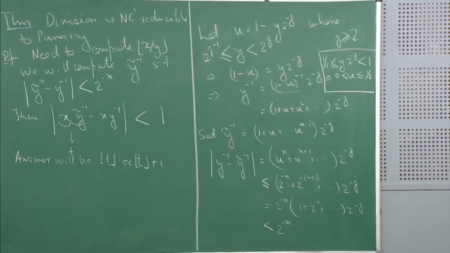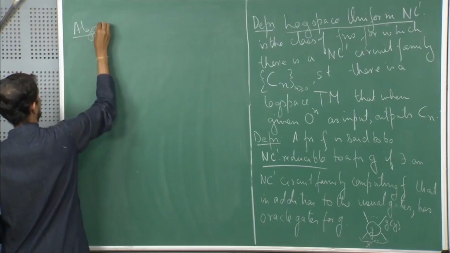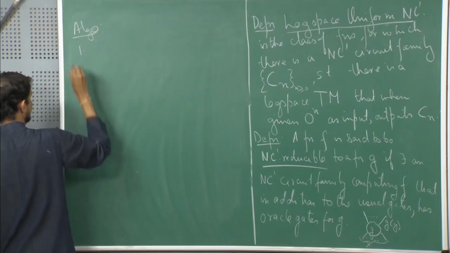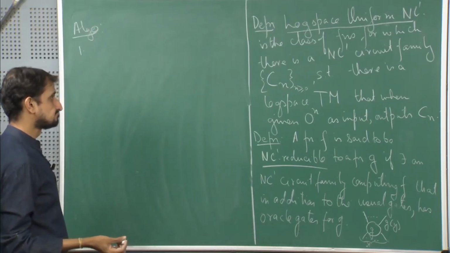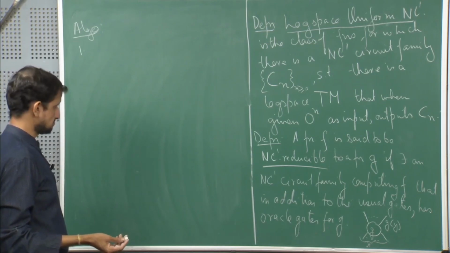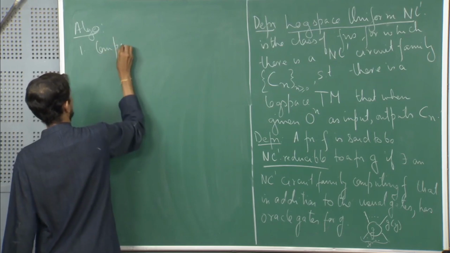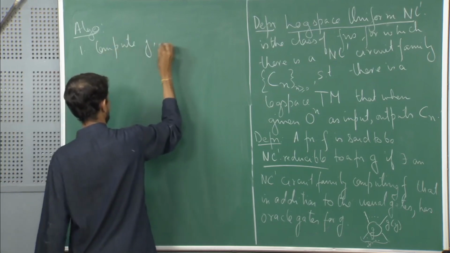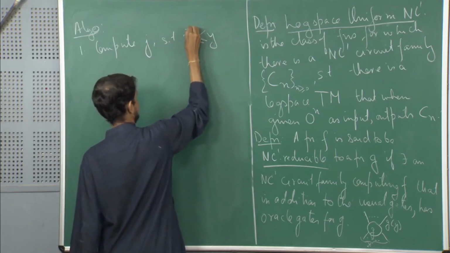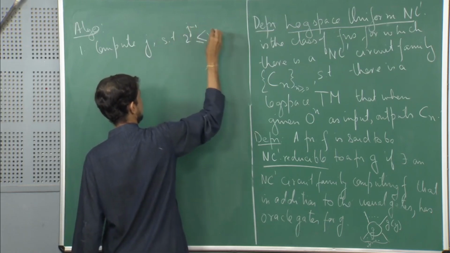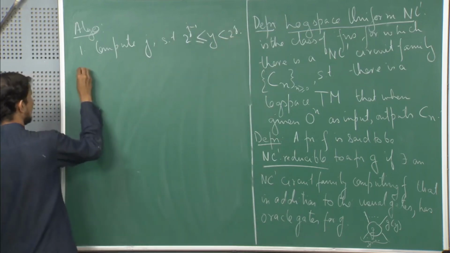So now what is the algorithm? The algorithm is simple once we have the analysis. So first step is to compute j such that y lies between 2 to the power j minus 1 and 2 to the power j.